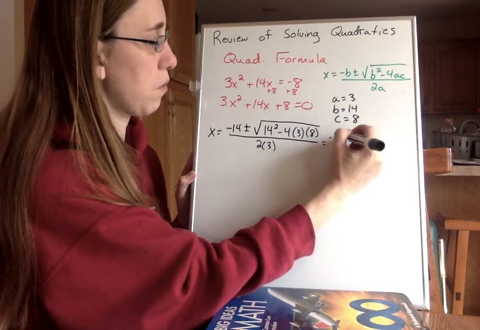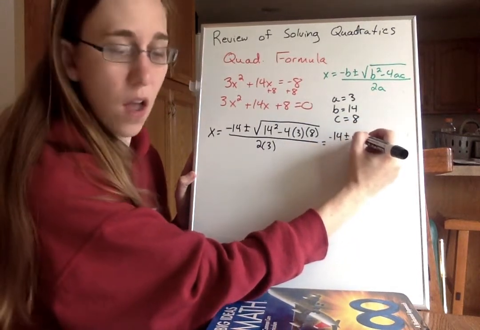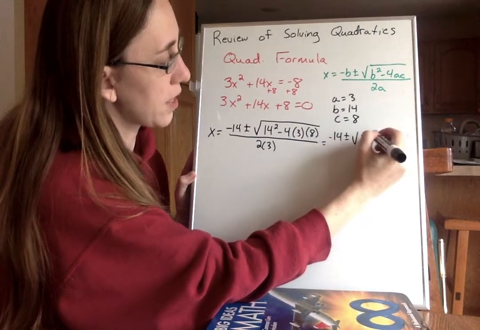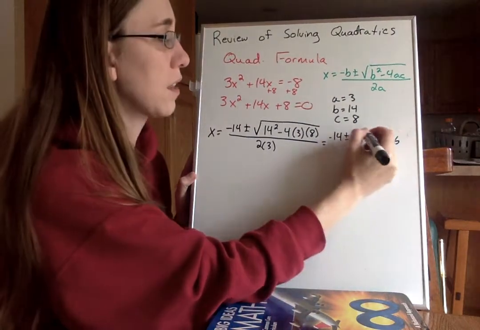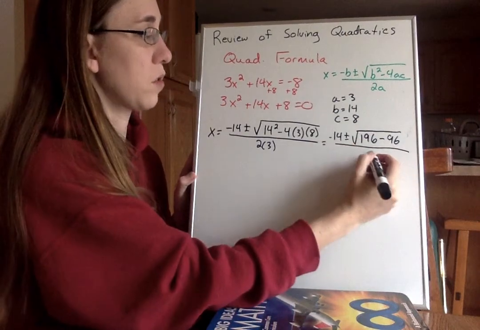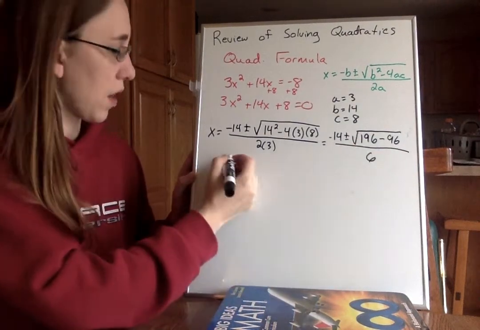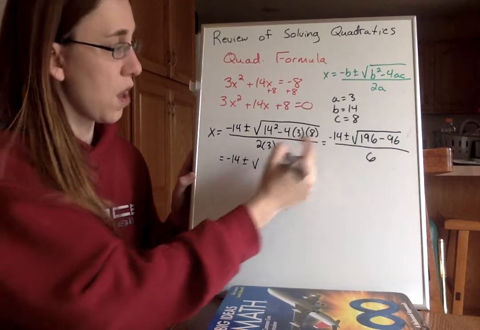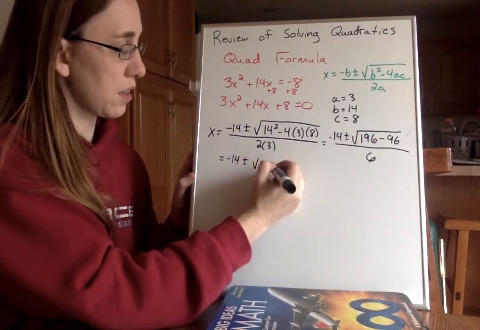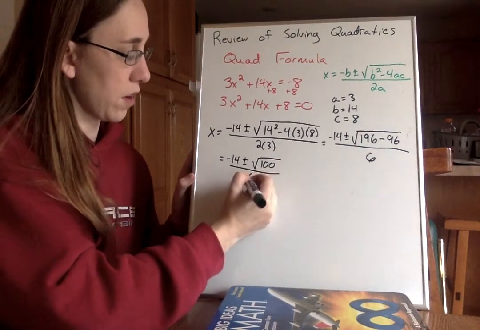Negative 14 plus or minus the square root. 14 squared is 196. 4 times 3 times 8 is 96. And 2 times 3 is 6. Okay, we keep going. Negative 14 plus or minus the square root of 196 minus 96, which is 100, over 6.